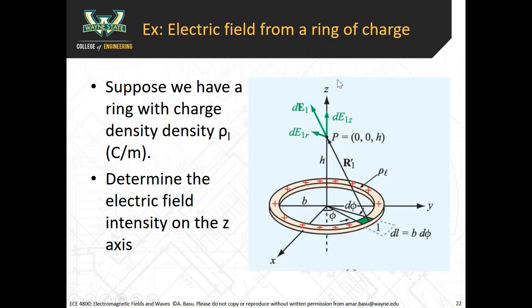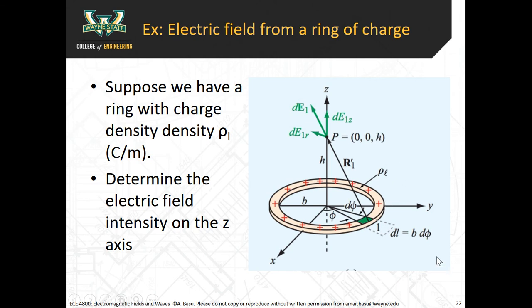So if this is our observation point, and we are looking at this point of the ring, and there's a positive charge there, the electric field points from the charge towards the observation point.